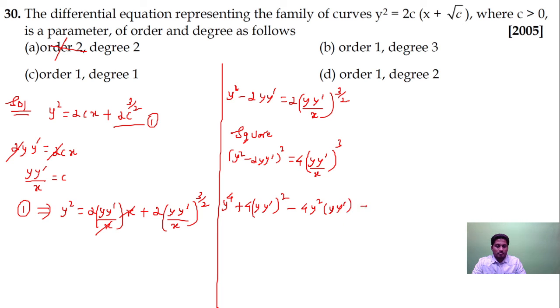Even if I have this, no problem. So this is equal to 4y cube upon x cube into y dash the whole cube. So order will be equal to 1, degree will be equal to 3.